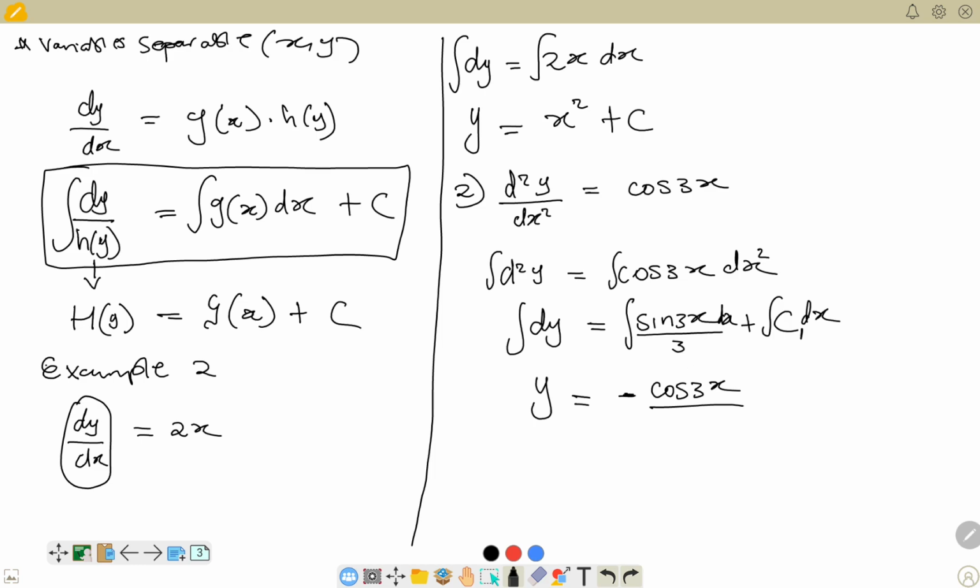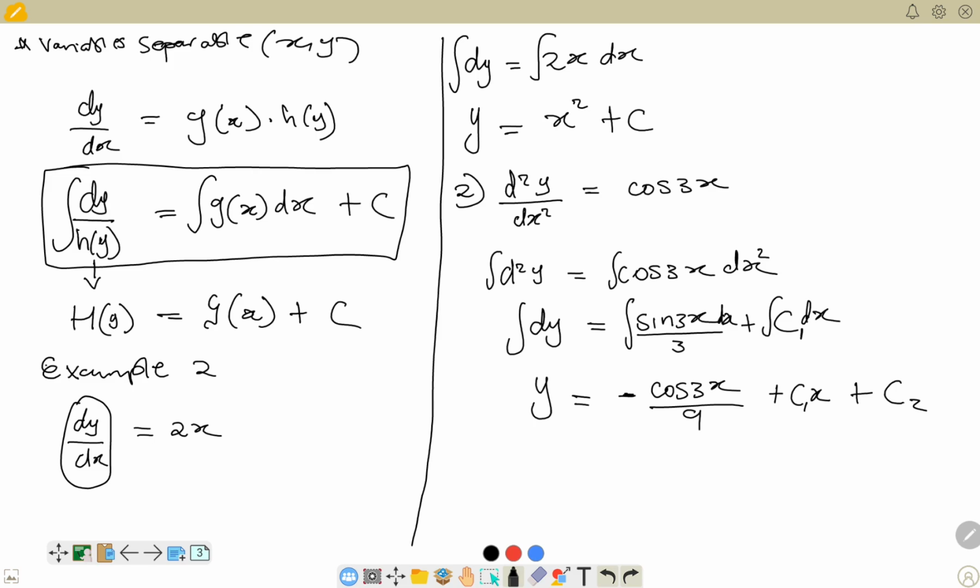So the 3 will multiply with the 3 in that denominator, and 3 times 3 is 9. Then when we integrate c dx, we'll get c1x plus now c2.